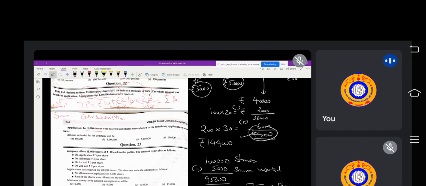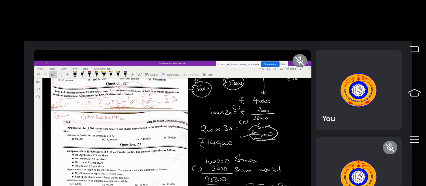So 12 rupees. What amount will you refund? 3 lakhs. How come? Can you please explain how you have got 3 lakhs? Amount refunded by the company, they said.